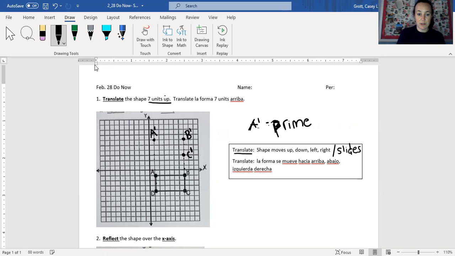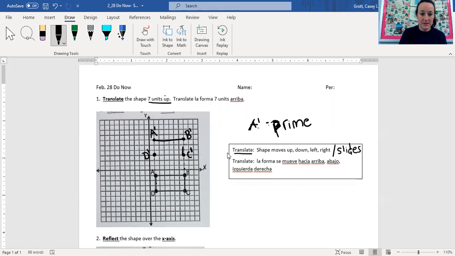D, 1, 2, 3, 4, 5, 6, 7. Here is where my new D point is going to go, 7 spots up from where it was before. Connect our points. It's been translated. Okay, all we did was move it up.